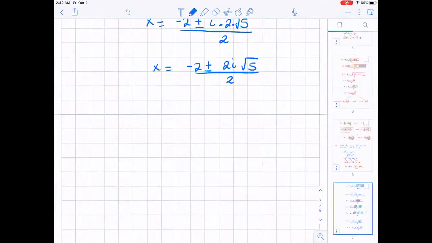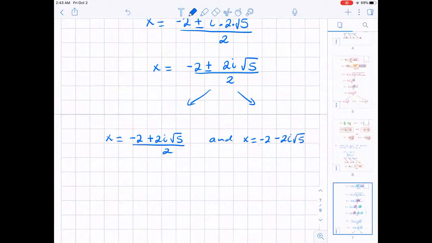Now, I break my problem up into 2 parts. So we have x is equal to minus 2 plus 2i root 5 over 2, and x is equal to minus 2 minus 2i root 5 over 2.